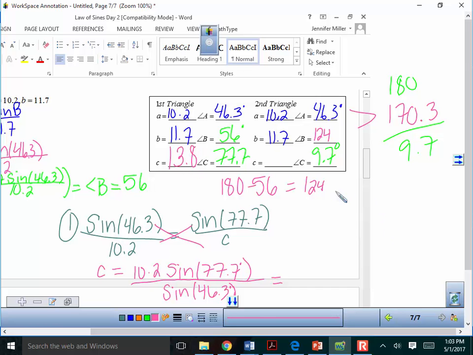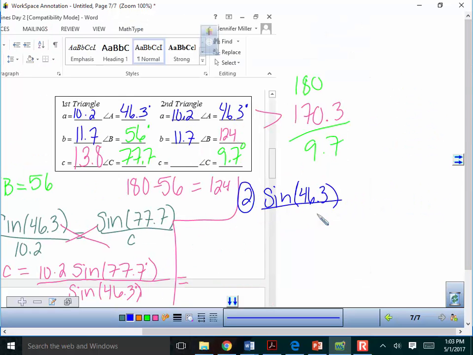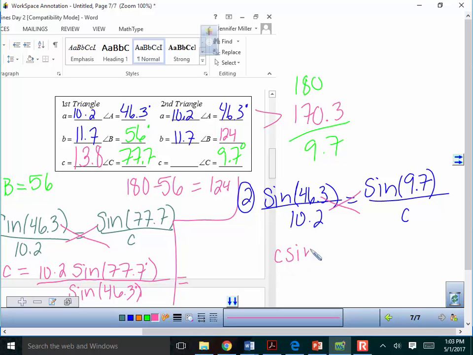And we're going to do the same thing over here with our second triangle. This gets a bit repetitive, doesn't it? That's why I started skipping steps. So this gives us c times the sine of 46.3 is equal to 10.2 times the sine of 9.7 degrees.